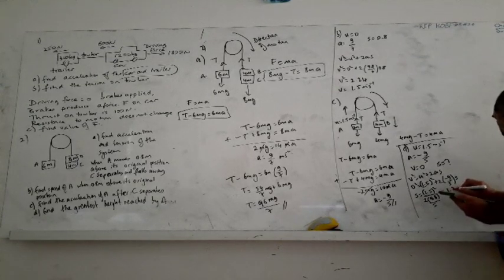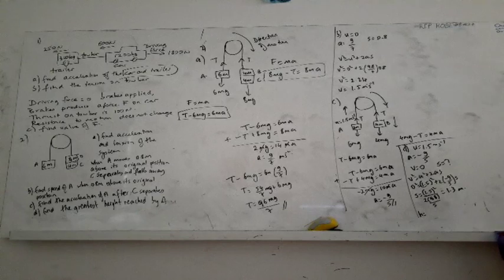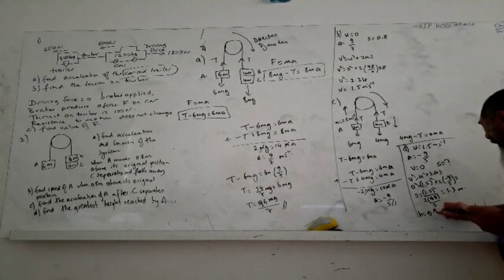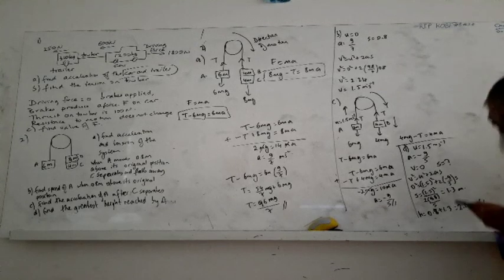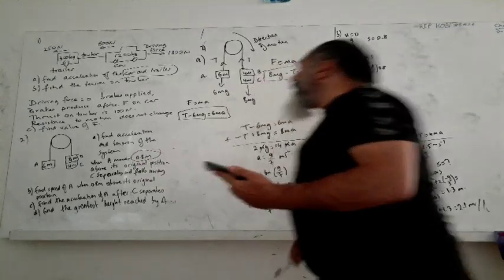So the greatest height reached by A will be 0.8 plus 0.6, 1.4 meters, because A already traveled a distance of 0.8 meters before from its original position.